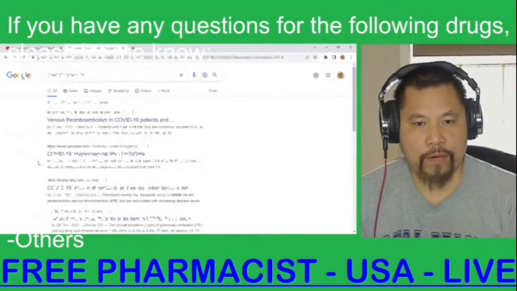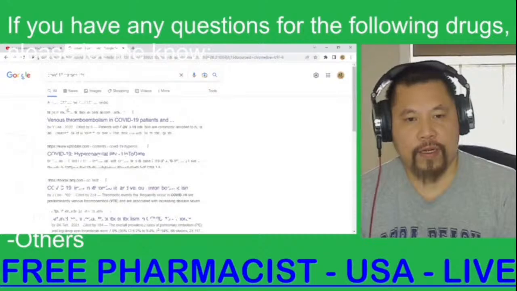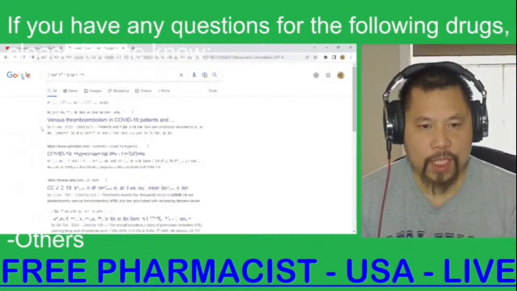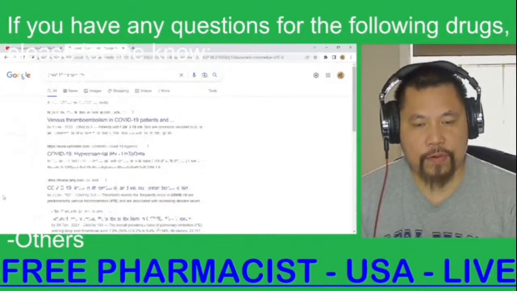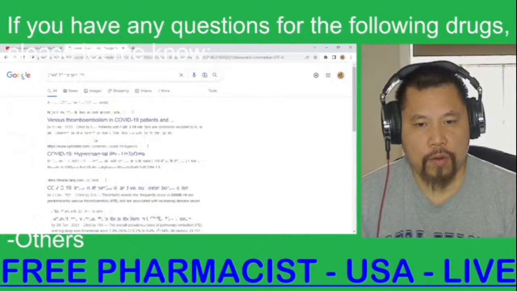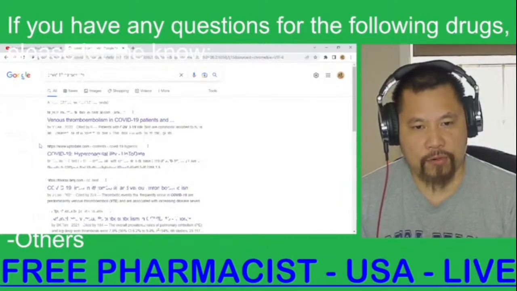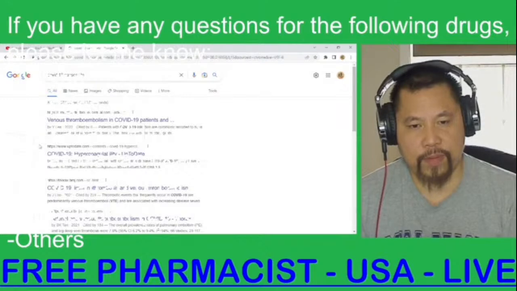It will show up about 840,000 results. The first few results indicate that a patient with a COVID-19 infection might experience an increased risk of venous thrombosis, DVT or PE.